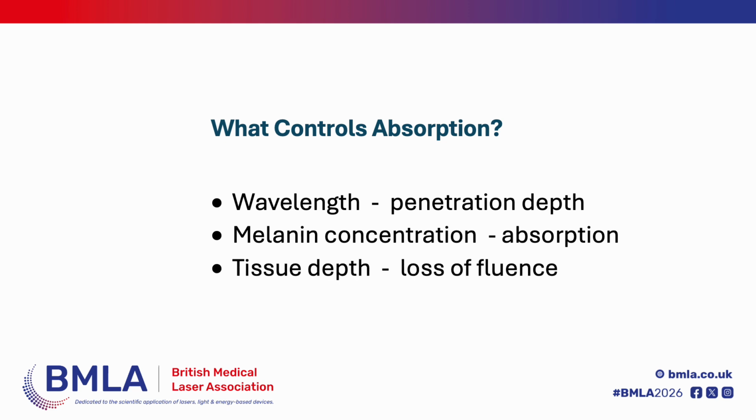And then finally, the tissue depth. So as the fluence propagates through the skin, it drops significantly due to scattering and expansion of the beam, etc. And so as you get deeper into the skin, the fluence drops quite significantly.